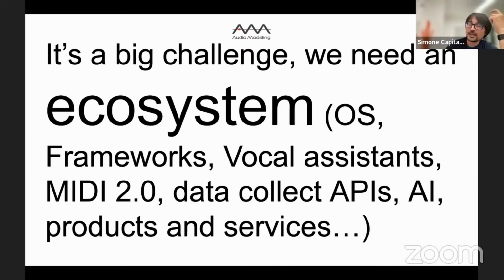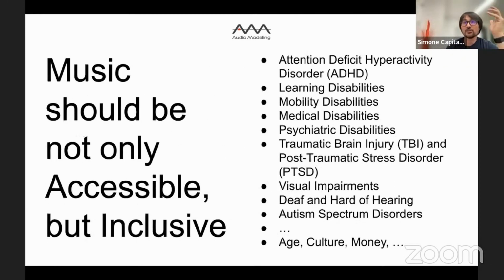Also, APIs that can help digital products provide information about the use of the products, musical information about what you play, and new products and new services that start keeping in mind a different way and a different approach to build an experience that everyone can use.